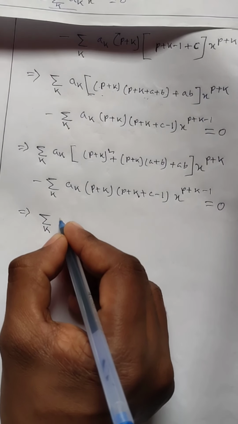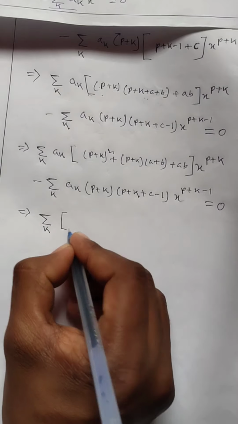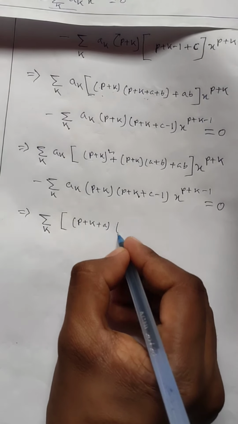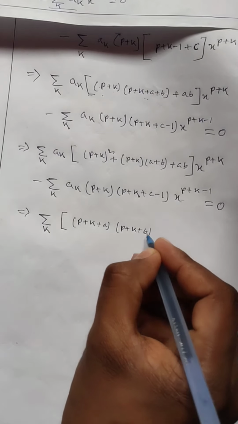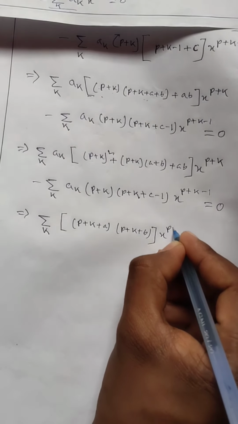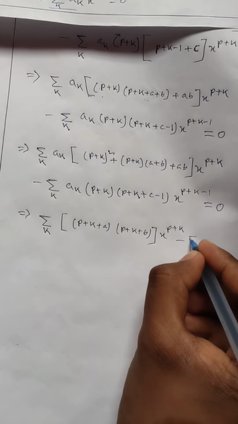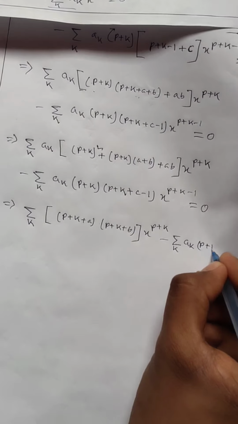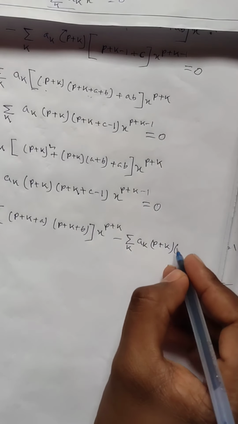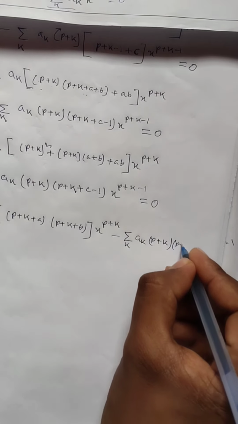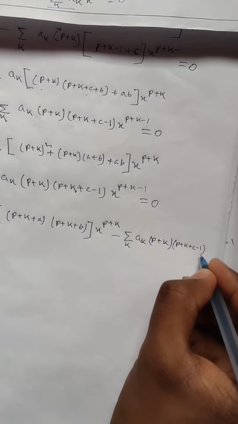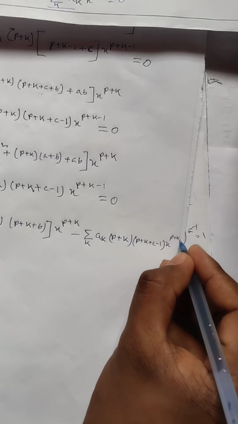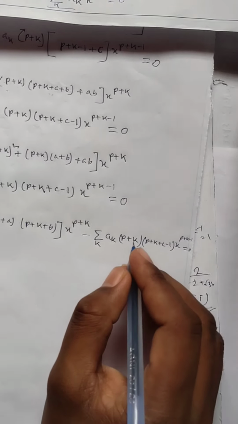k, and (p plus k plus a) into (p plus k plus b) x to the power p plus k, minus k ak (p plus k), and (p plus k plus c minus 1) x to the power p plus k minus 1 equal to 0.